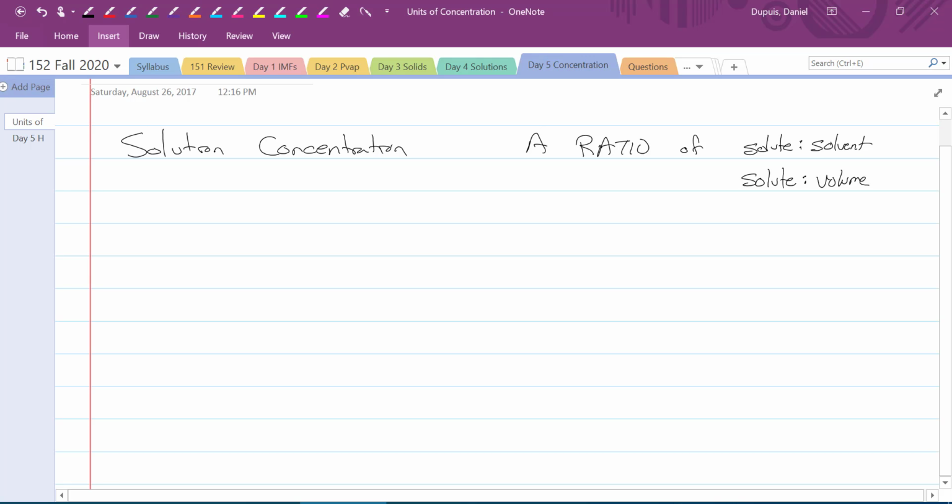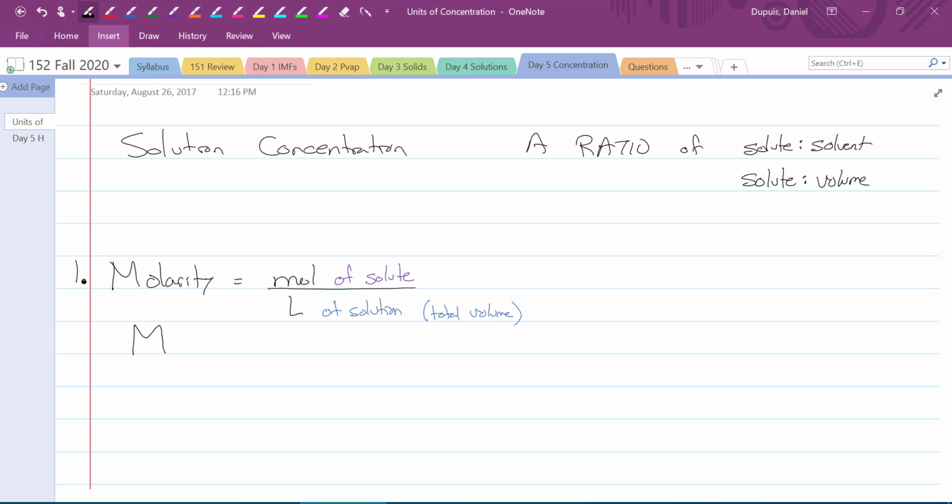The first unit that we've used in Chem 1, and we're going to continue to use, is molarity. Molarity, capital M, is moles per liter. It's moles of solute per liter of solution, which is the total volume.